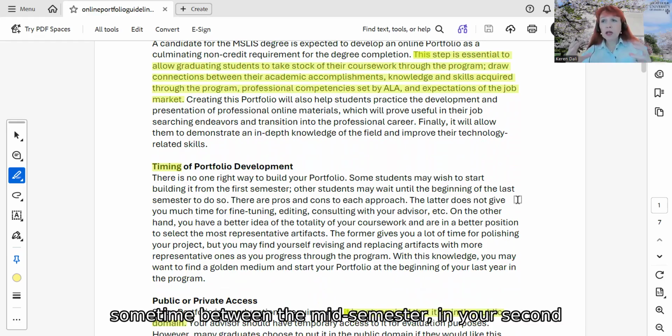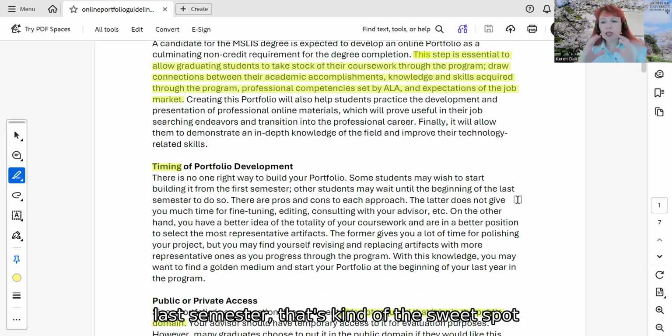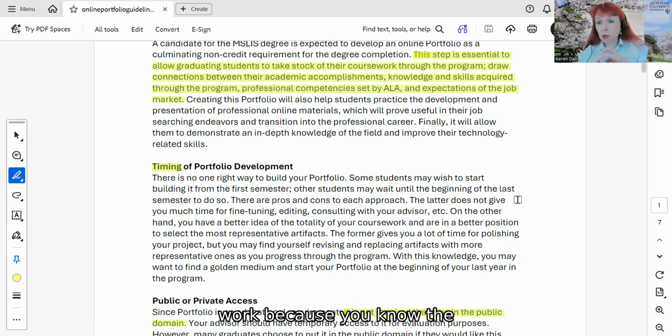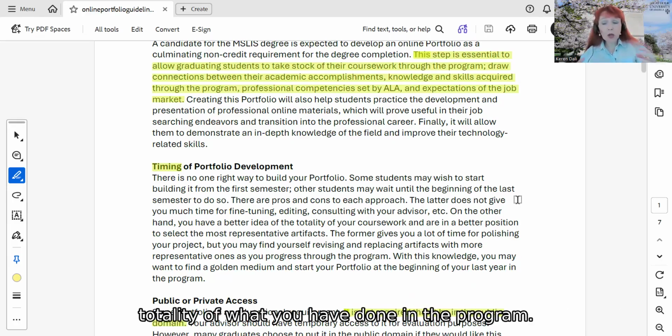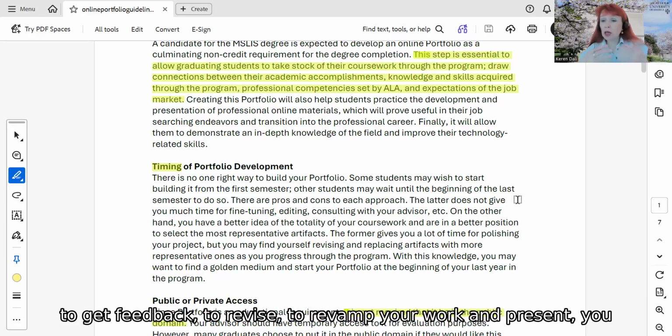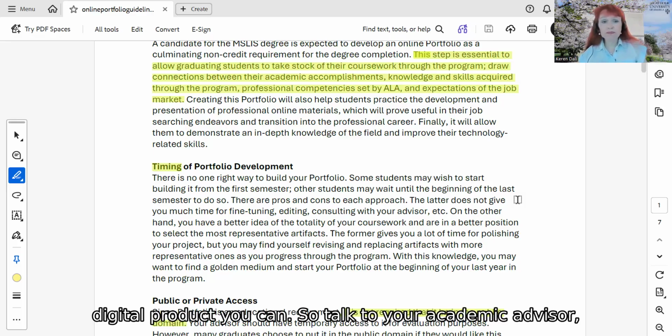But sometime between the mid semester in your second semester before graduation and the beginning of your last semester, that's kind of the sweet spot that is probably going to help you, on the one hand, choose your best work because you know the totality of what you have done in the program. On the other hand, it will leave you enough time to get feedback, to revise, to revamp your work and present, probably, the best digital product you can. So talk to your academic advisor.